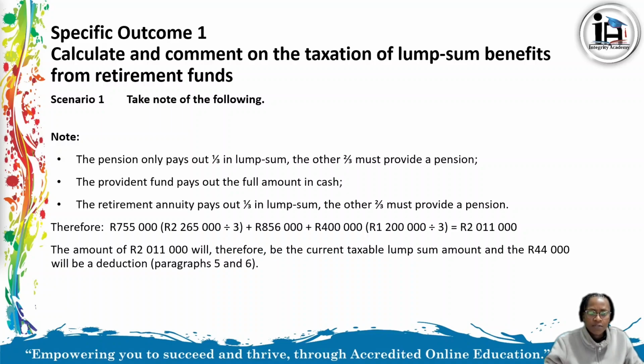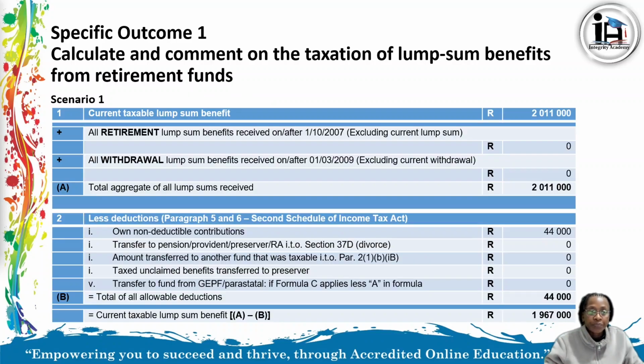Therefore, 755,000, that is 2,265,000 divided by 3, plus 856,000 plus 400,000, which is 1,200,000 divided by 3. It's 2,011,000. The amount of 2,011,000 will therefore be the current taxable lump sum amount, and the 44,000 will be deducted as per paragraph 5 and 6.